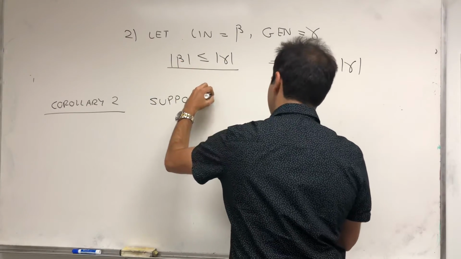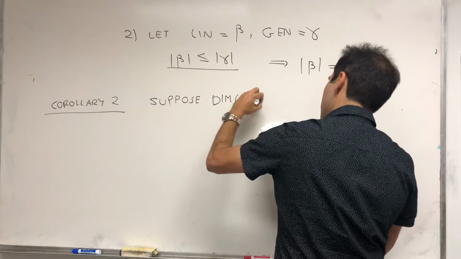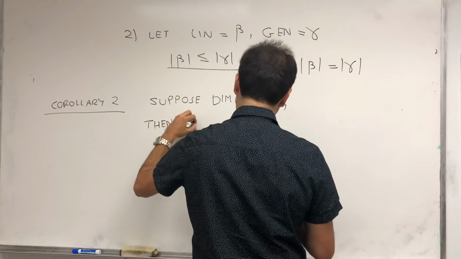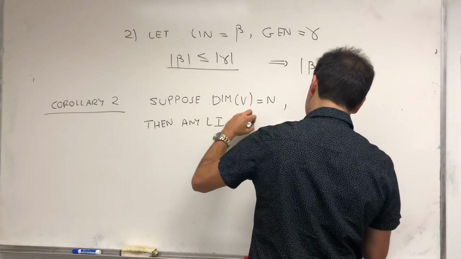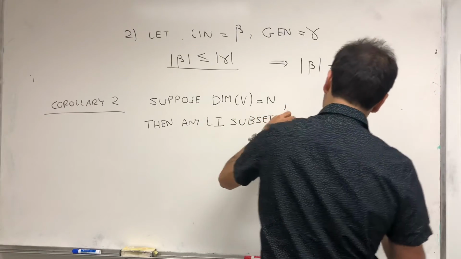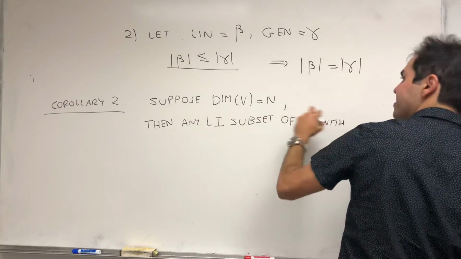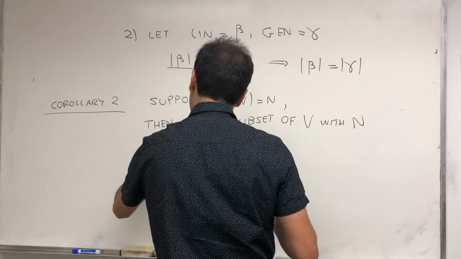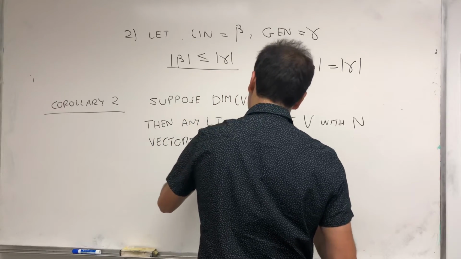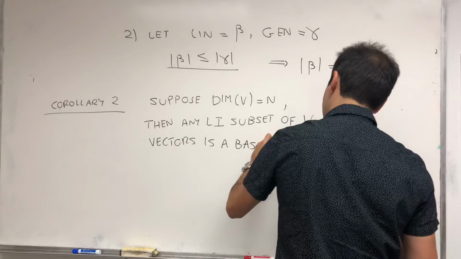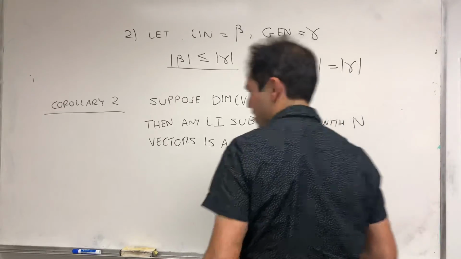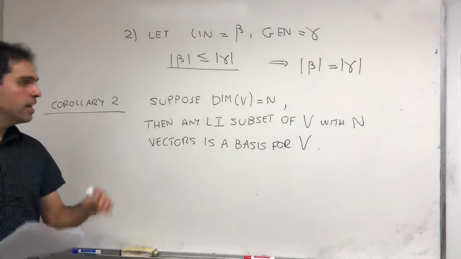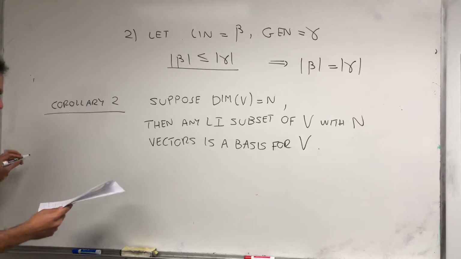V is n-dimensional, then any linearly independent subset of V with precisely that many vectors is a basis for V. In other words, if you have three linearly independent vectors in R3, you know automatically that it's a basis.